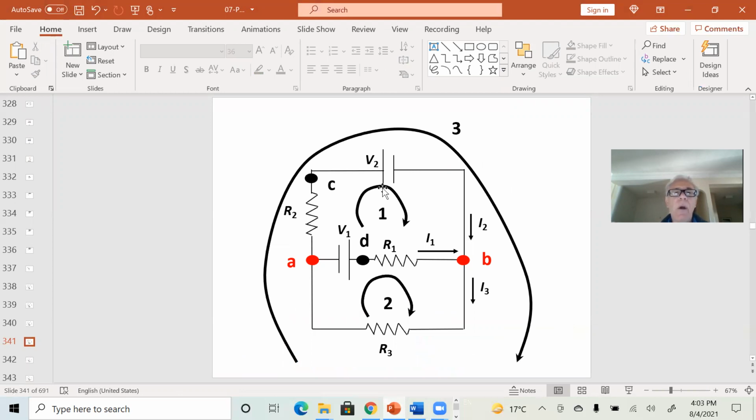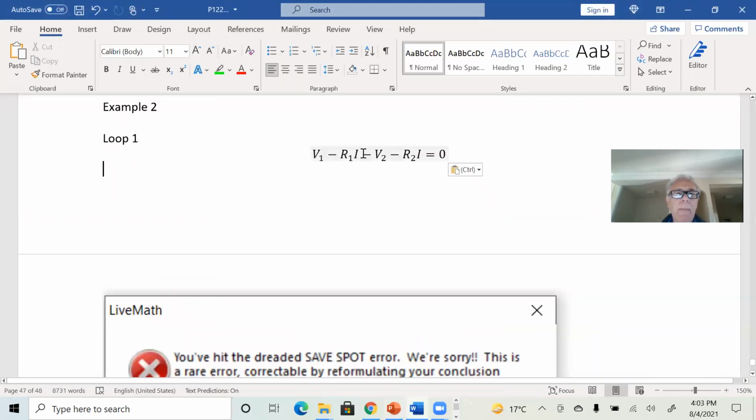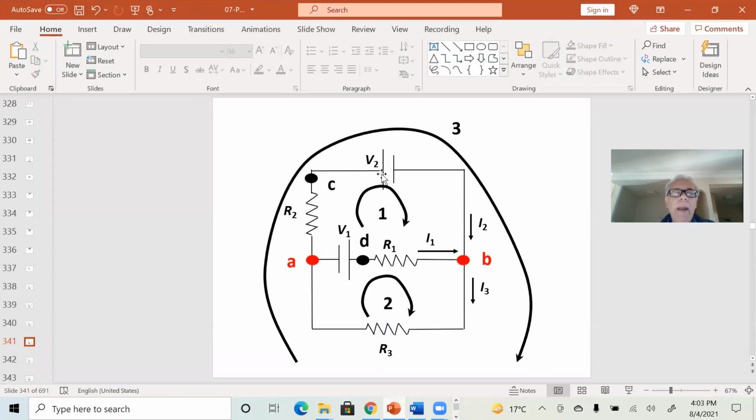From C to B, we lose electric potential V2. From C to B, we're going to have a minus V2. Let's see if we can take advantage of what we did before. We're going from higher potential to lower potential. We're doing loop number 1. Then we enter loop number 1 right in here against the flow of the current I1.